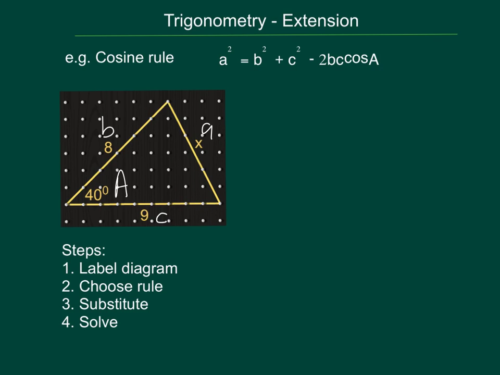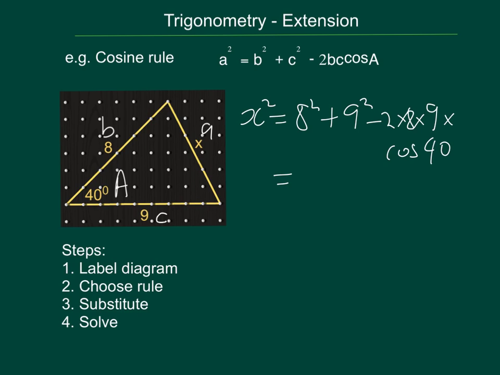So the rule is a squared equals b squared plus c squared minus 2bc cos A. So I'll substitute. a is x, so x squared equals b squared, which is 8 squared, plus c squared, which is 9 squared, minus 2 times bc, which is 2 times 8 times 9, multiplied by cosine of 40 degrees.